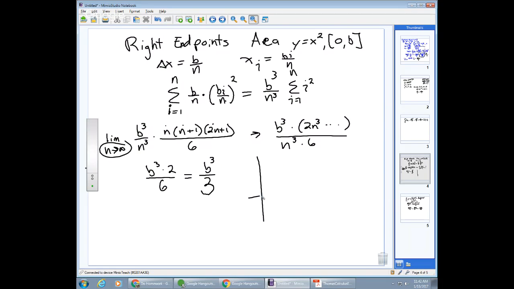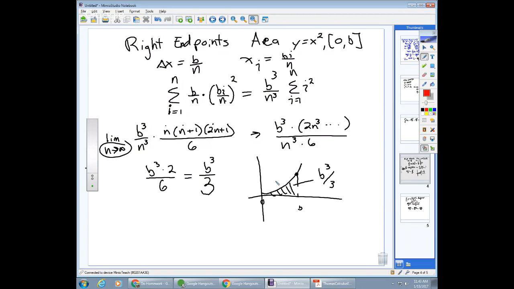What that looks like is going from 0 to b, looking at the area underneath a basic parabola, and the formula says from 0 to b the area is always b cubed over 3. Now this is kind of cute. Suppose there's a number a over here; the area between 0 and a would be a cubed over 3.